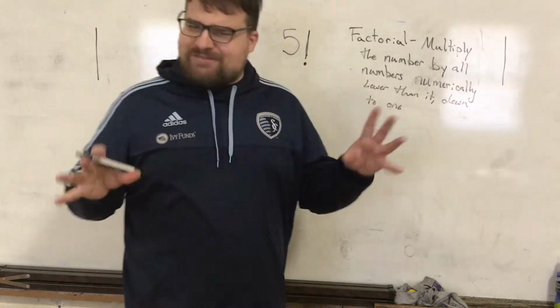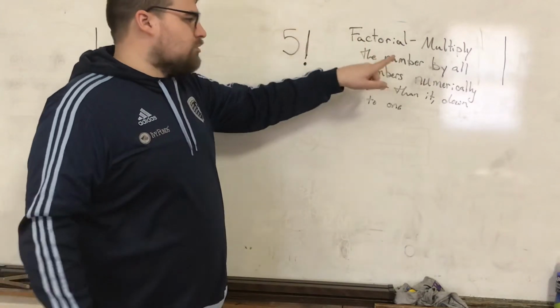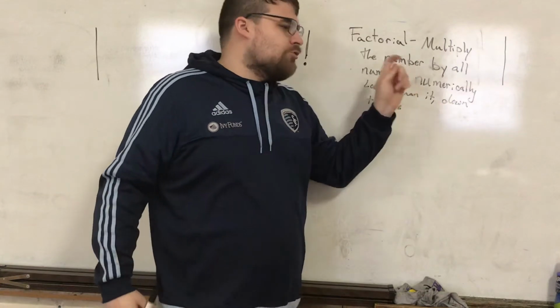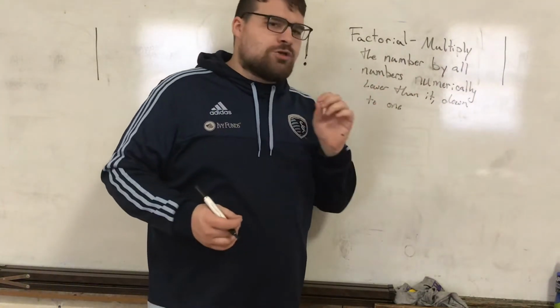So this is a weird definition. Let me talk about what this means. So I'm going to say it one more time. Multiply the number, in this case 5, by all numbers numerically lower or smaller than it down to 1.